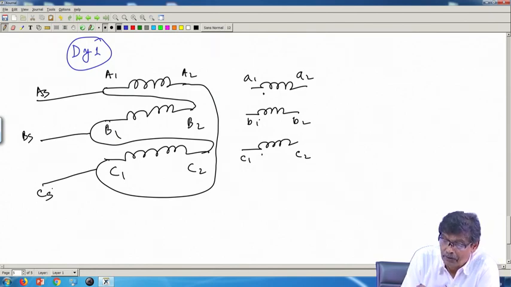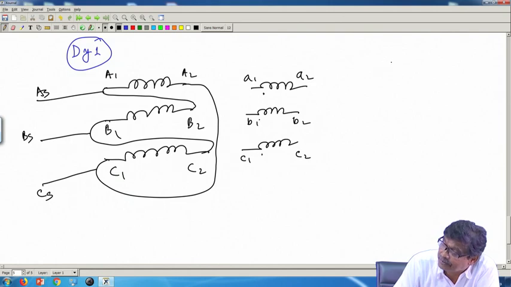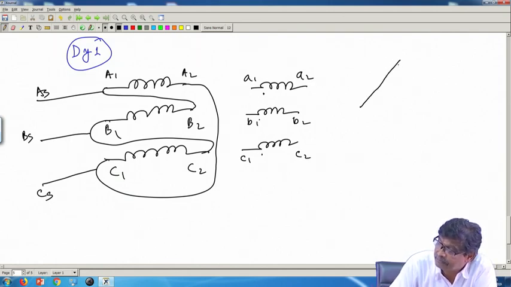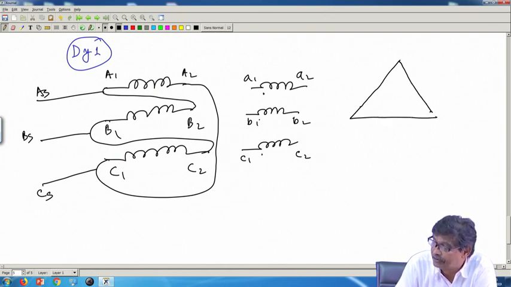Okay. Now, after you energize this, this is your supply voltages, because supply voltage I know it is balanced.